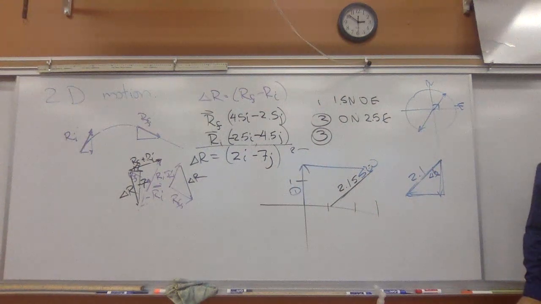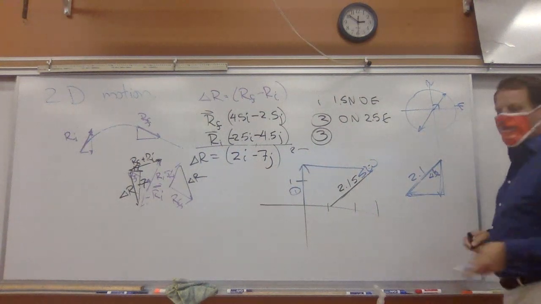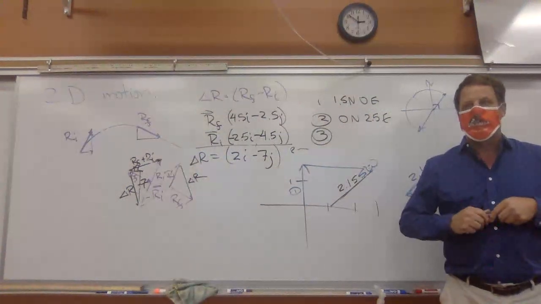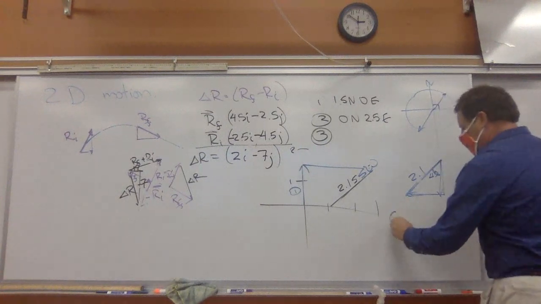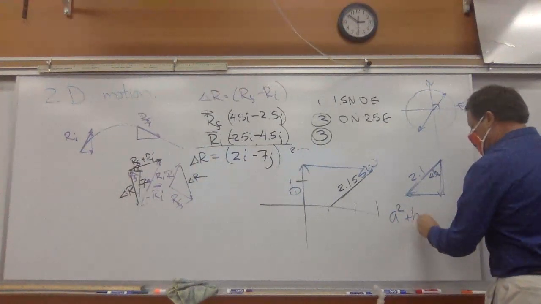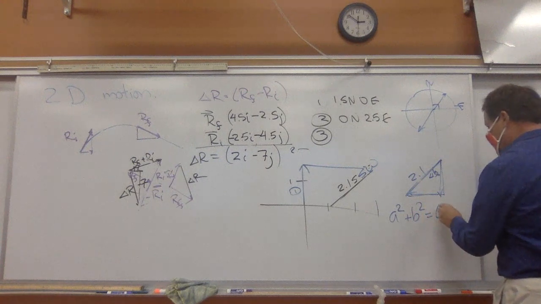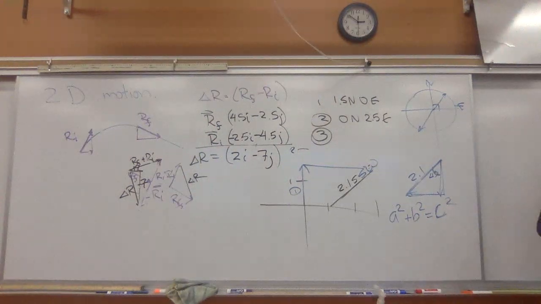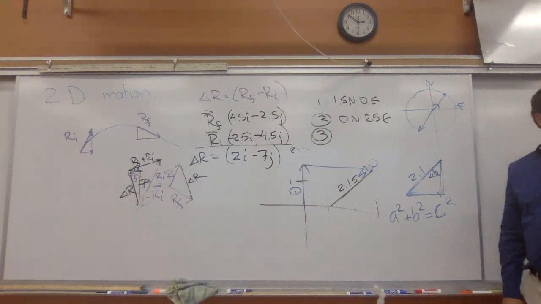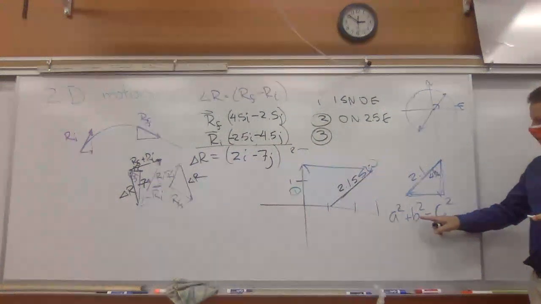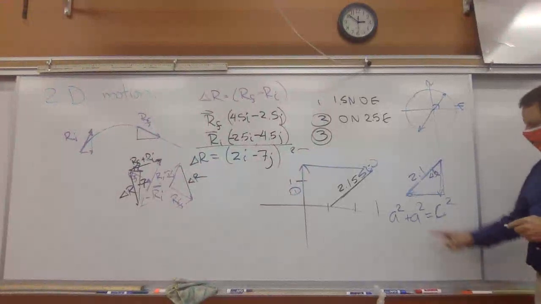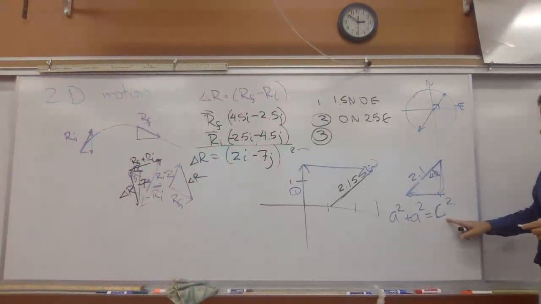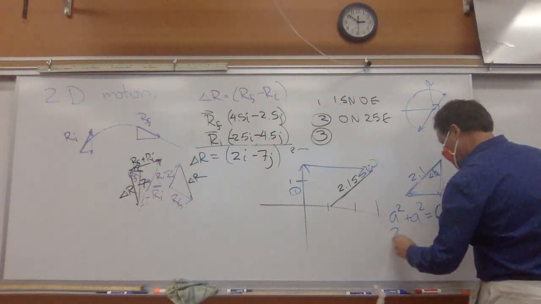All right, so if our hypotenuse is 2.1, then what are each of the legs going to be? We're going to say a squared plus b squared is equal to c squared, except in a 45-degree triangle it is going to be 2a squared is equal to c squared.